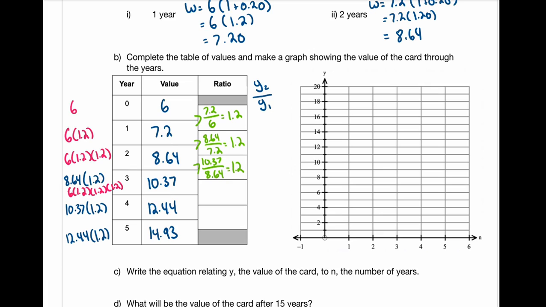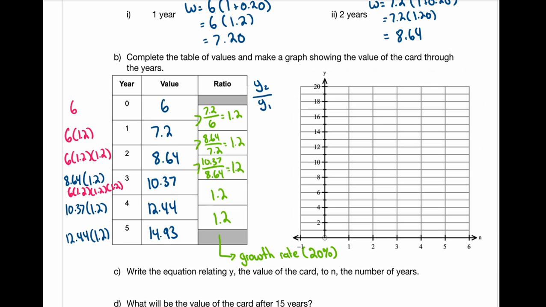And you continue that pattern all the way down, 1.2, 1.2. You see that the ratio is all the same. And this ratio is telling us the growth rate, which is that decimal part, or that 20%, because the 1, again, represents the original amount.